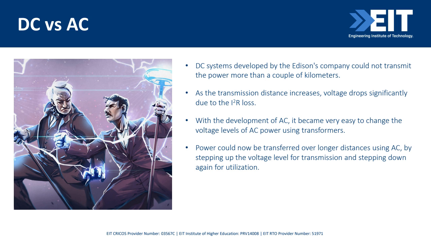So the transmission distance challenge was minimized by using AC power, because with DC, as the transmission distance increases, voltage drops significantly due to the resistive losses, obviously. So that I squared times R loss, which is typically the resistive loss.